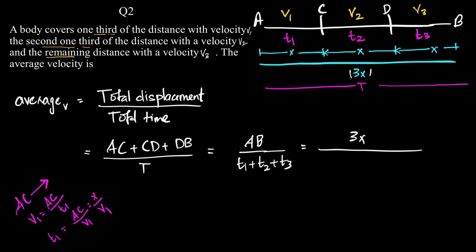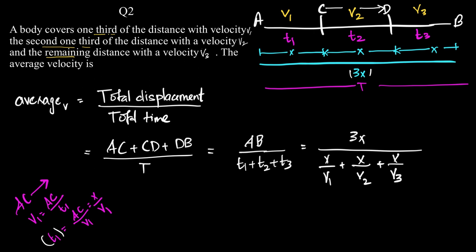Let us continue this question here. We can replace t1 with x upon v1. Now can you tell me what would be t2, the motion from C to D? t2 would be x upon v2, and very similarly t3 would be x upon v3, right?